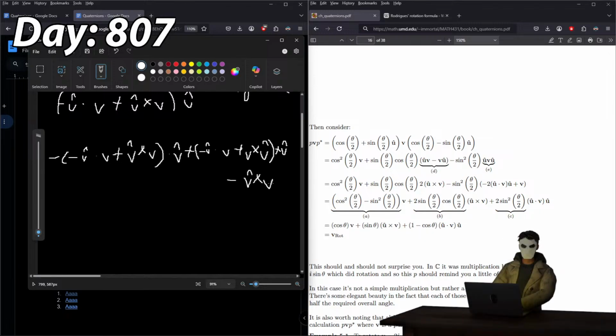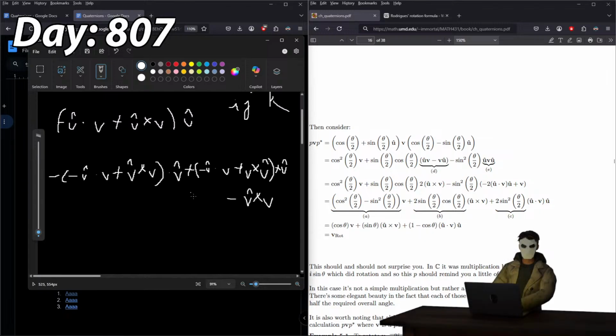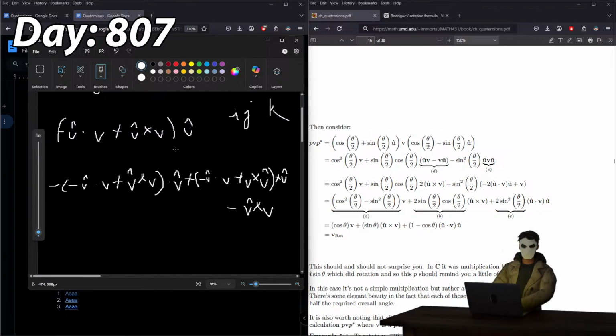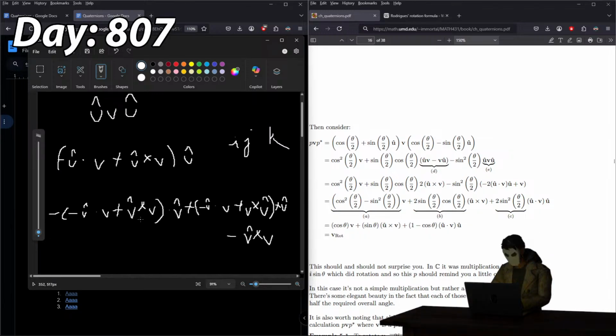I'm losing my mind. How do you get there? 2u dot v. Well, yeah, there are two negative u dot v. That is true. There'll be two of them. Why do you just multiply by u? Did you just take this and somehow, and plus v? I am so confused.